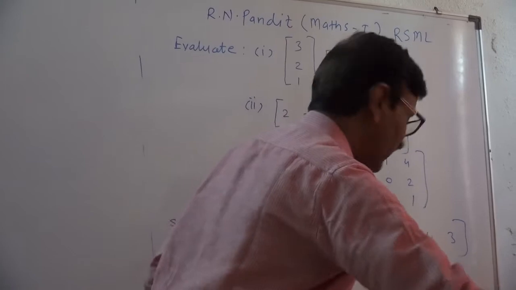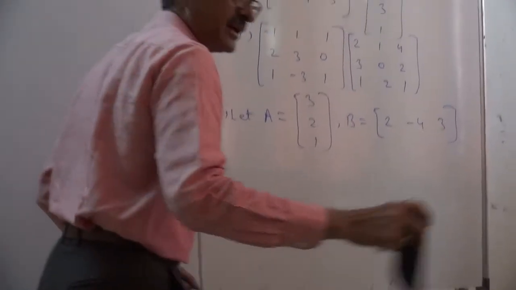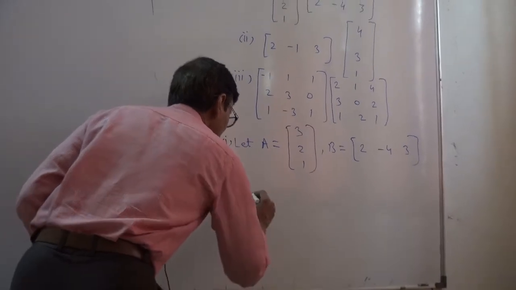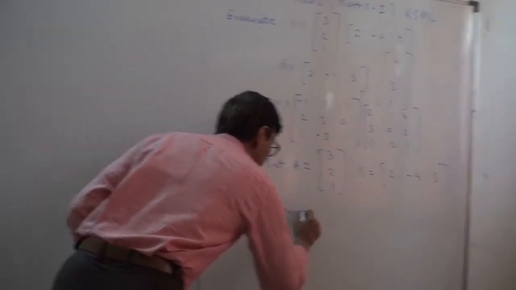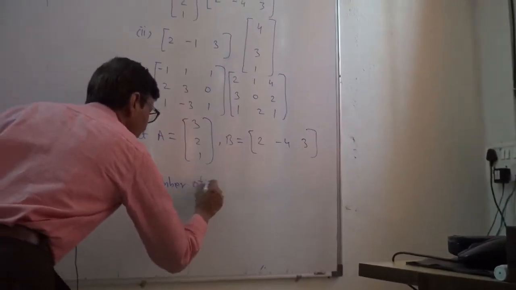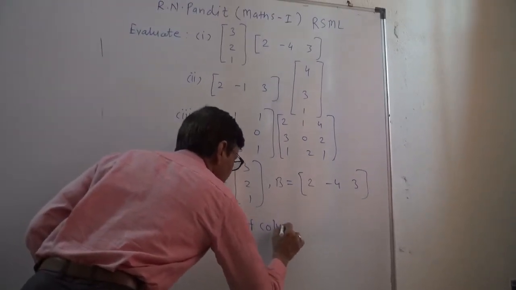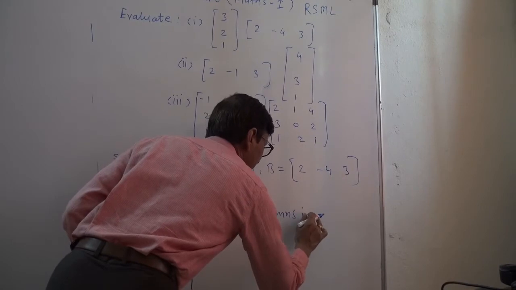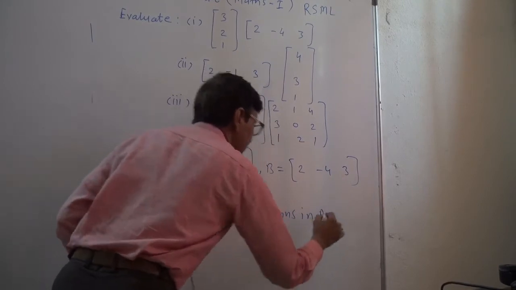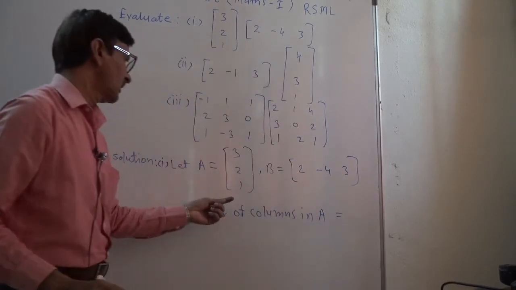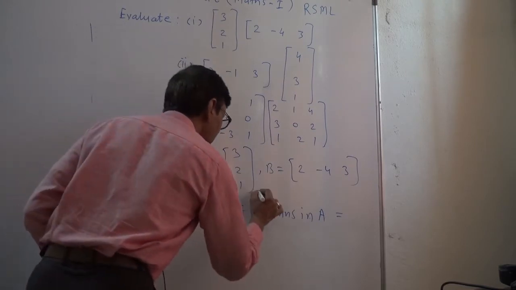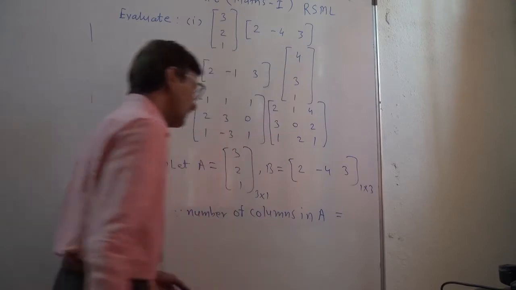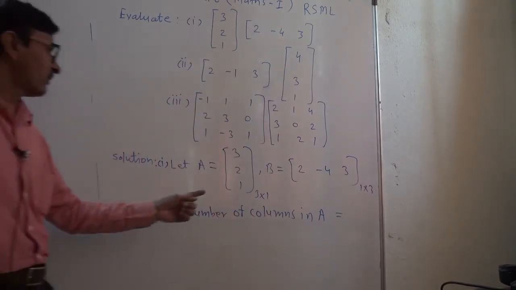Now let us check whether the product AB exists or not. What is the order of A? It is 3 by 1. What is the order of B? It is 1 by 3. The number of columns in A, how many columns are there?